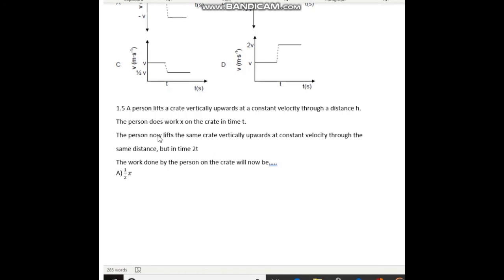Let's visualize that. Let's just go to the diagram and try to see something. Okay, so you are here and then you are lifting this object from the ground to this point at distance h with a constant velocity, and you took time t.